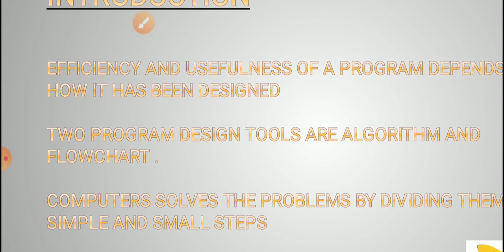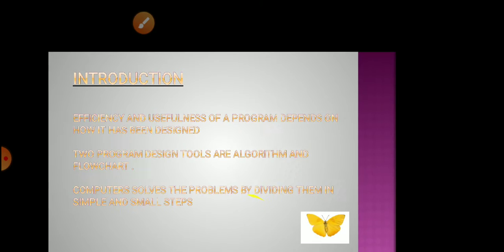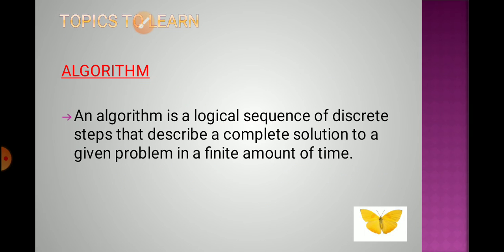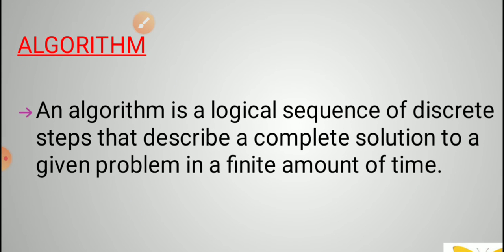The set of rules that define how a particular problem can be solved in a finite number of steps is known as an algorithm. Okay, children, let's enter into the definition. An algorithm is composed of a finite set of steps, each of which may require one or more operations.